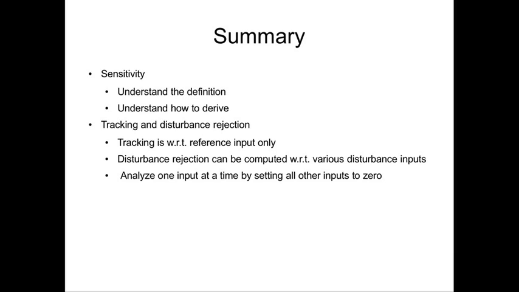Tracking and disturbance rejection: you need to understand that tracking is with respect to reference input only. Disturbance rejection can be computed with respect to various disturbance inputs. You analyze one input at a time by setting all other inputs to 0. And for system type, you need to understand the definition and you need to understand how to derive these expressions. And that's the end of this lecture.